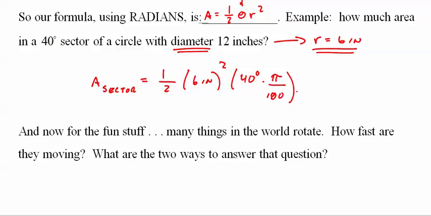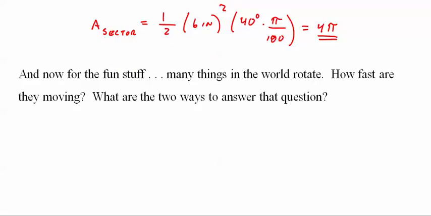Blast out the rest of this, and I get a possibly nice number. Yeah, 4 pi. Which makes sense. Cancel 0, 18, 36, 2. Yep, 4 pi. So that's not that bad.